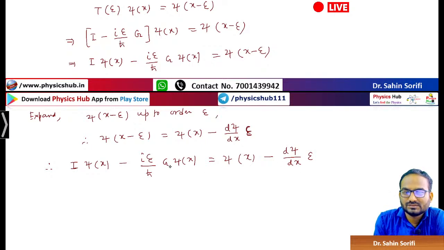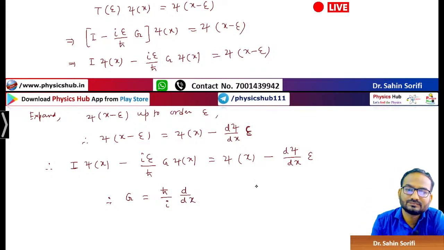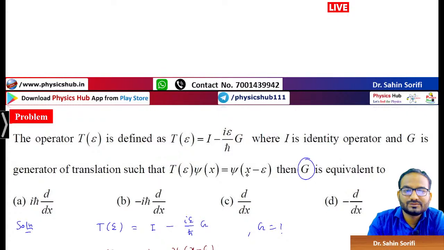So epsilon is common, psi is common. So what is G? G is equal to h cut by I d dx. Can I write it? If you compare this term and this term, 1 by I is minus I, so minus I h cut d dx. This is matching with option B.